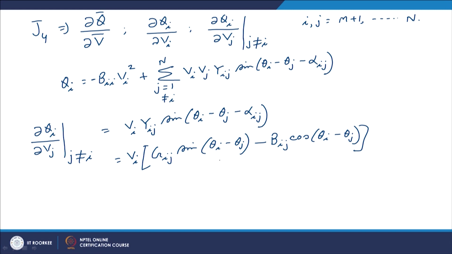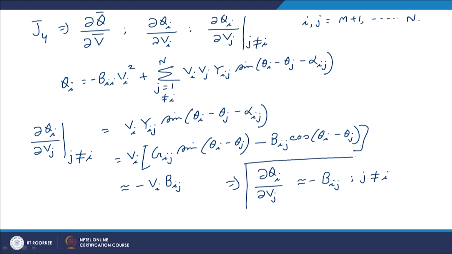Invoking this assumption, and again invoking that V_i is equal to 1.0, what I get is ∂Q_i/∂V_j is equal to minus B_ij, j not equal to i.